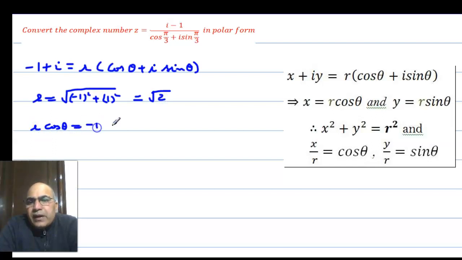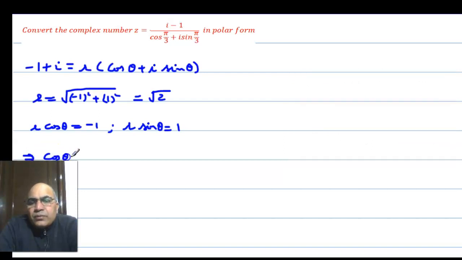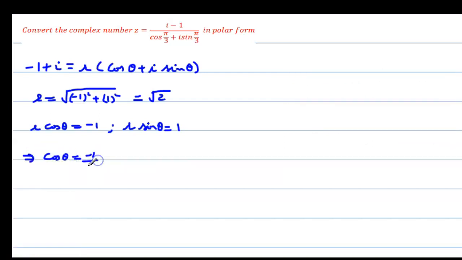Comparing real and imaginary parts, r cos theta is equal to minus 1, r sin theta is equal to 1, which implies cos theta equals minus 1 upon root 2 and sin theta is equal to 1 upon root 2.